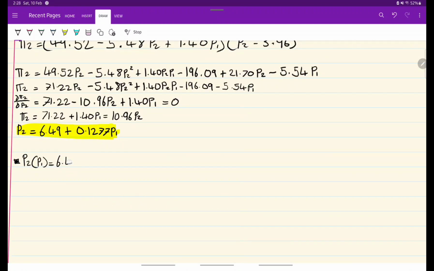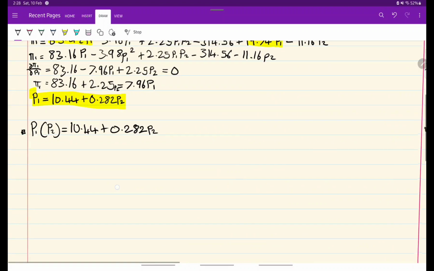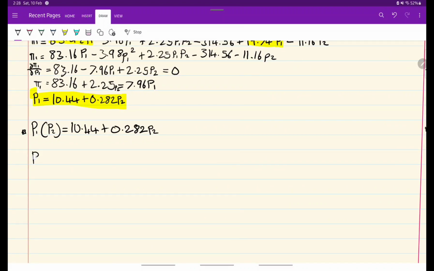So 6.49 plus 0.1277 P1. So now we substitute 0.282.